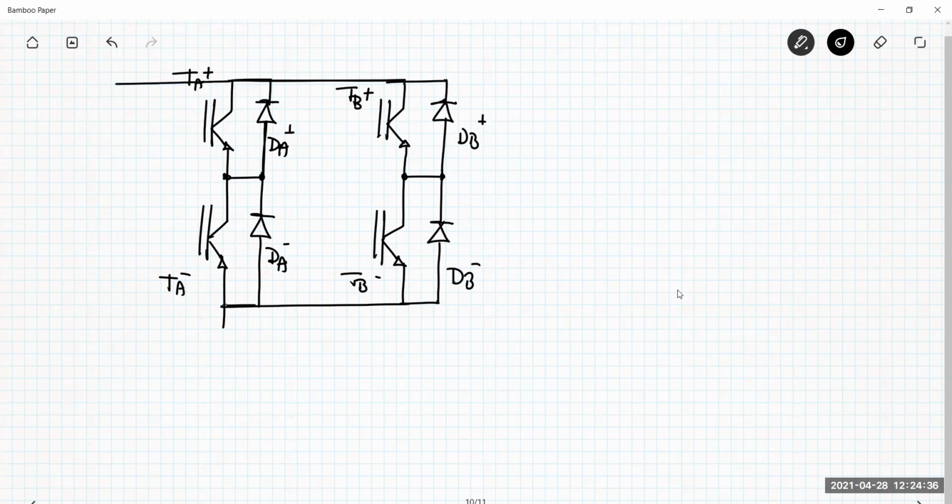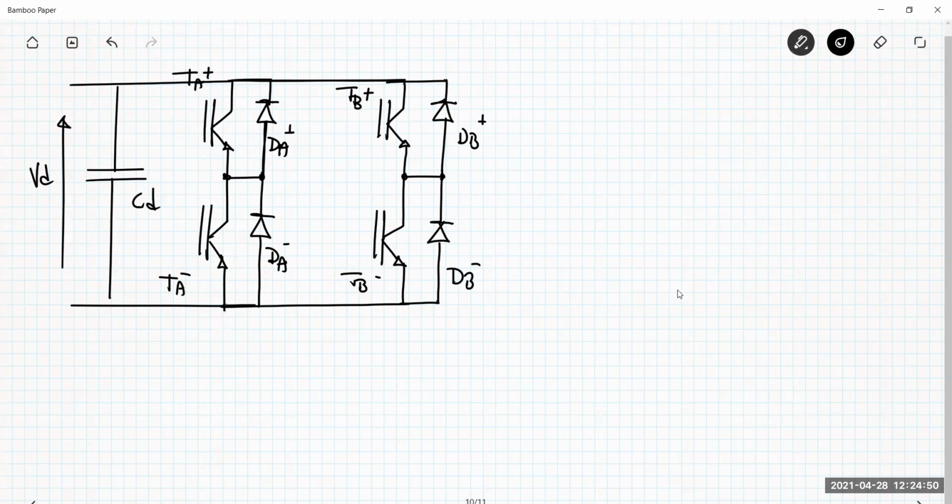Then here we have the source. We always have a capacitor, the input voltage. This node is called A, and this is the node B. So the load is connected here.